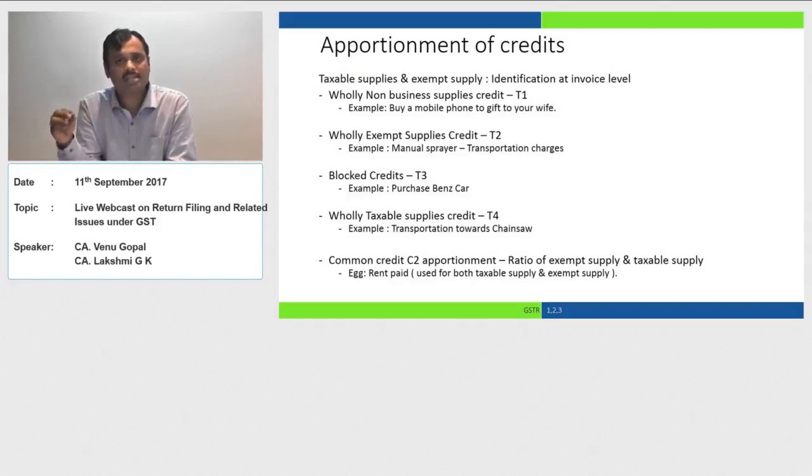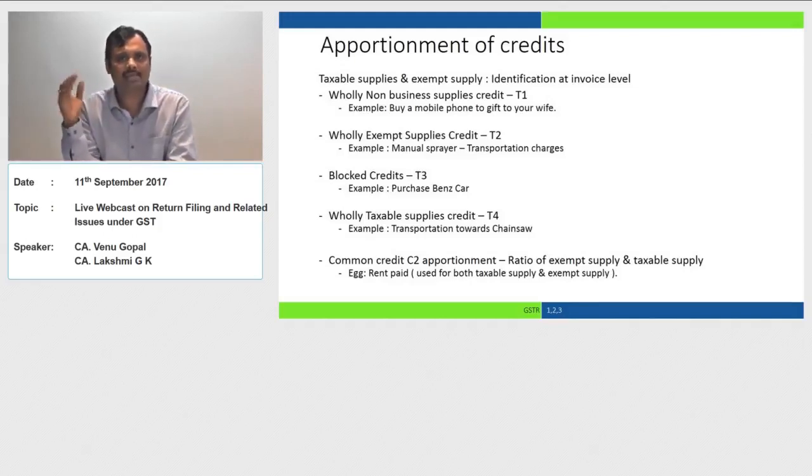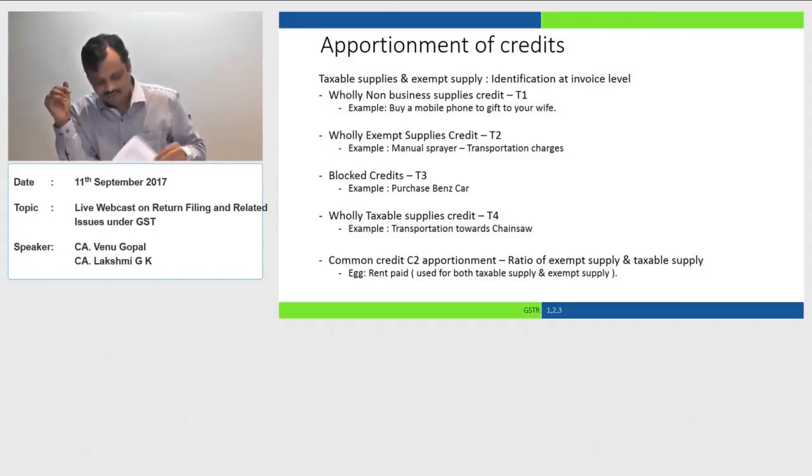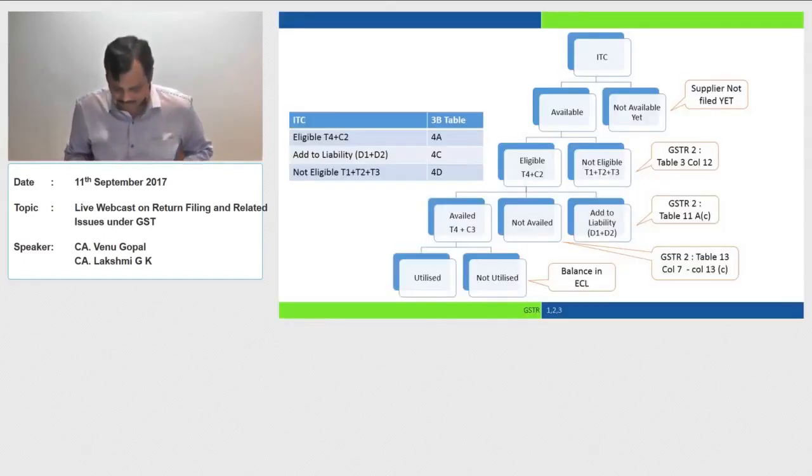All common credits, you are eligible to take the input tax credit fully upfront. Then you will reverse the portion which is attributable to the exempted supply. The mechanism is explained in the subsequent slides, I will explain it as and when it comes. Moving on to your slide 86. In 85 I have given the different examples of T1, T2, T3.